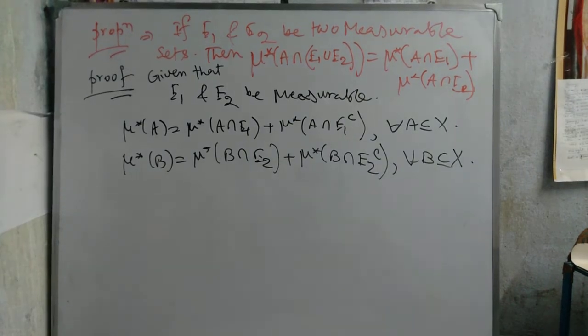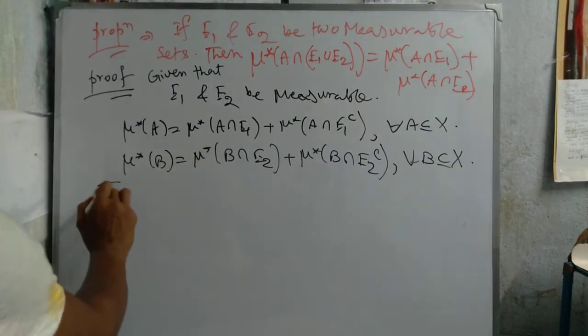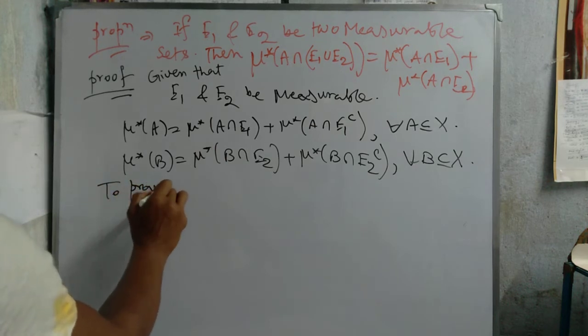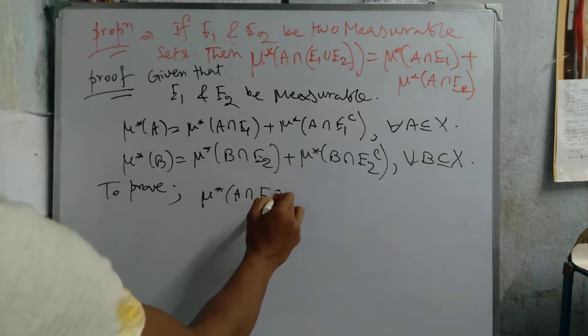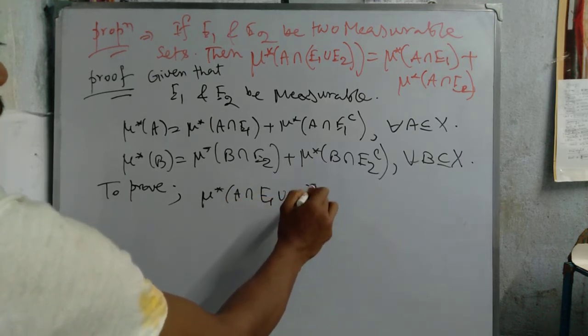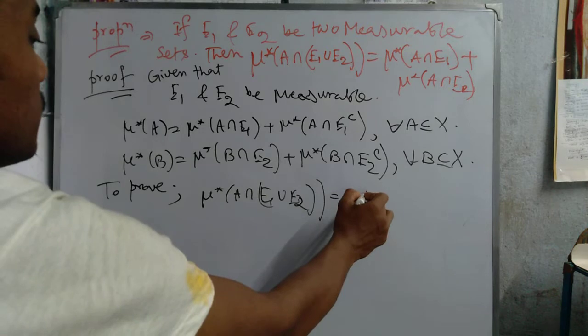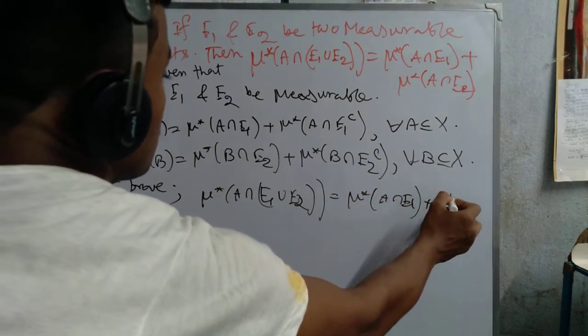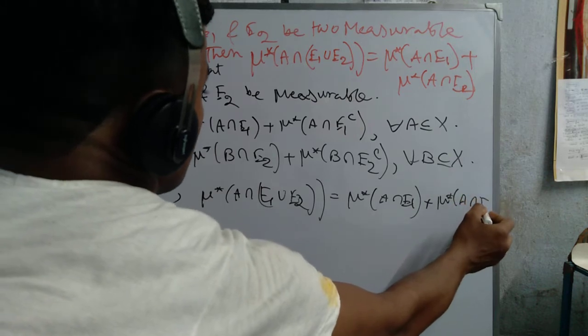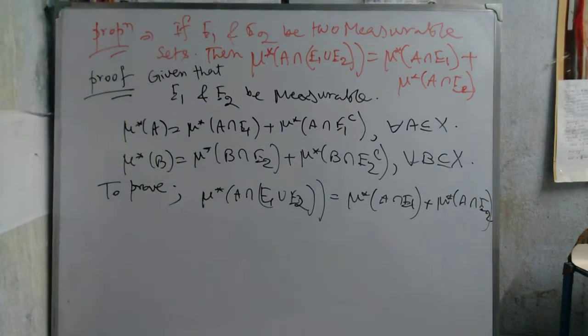Now what do we have to prove? To prove: mu star of A intersection (E1 union E2) equals mu star of A intersection E1 plus mu star of A intersection E2. So what do we do now?